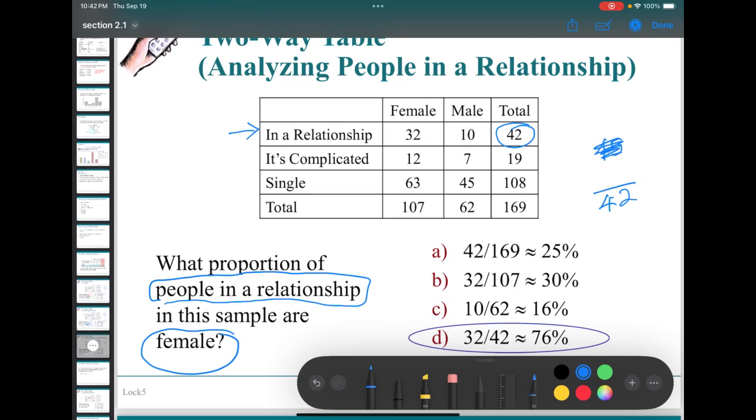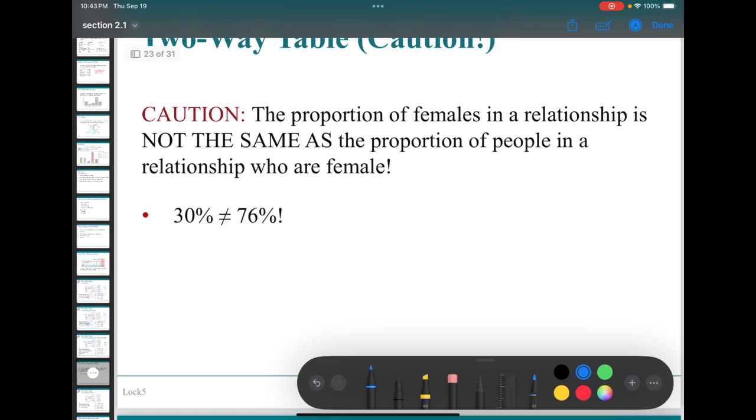It goes to the denominator. Then, in this sample, are female. The female count belongs to this in-a-relationship row, which is this one, 32. So it gives me this. I hope you understand the situation and this trick. This is the easiest way to go through these kinds of problems.